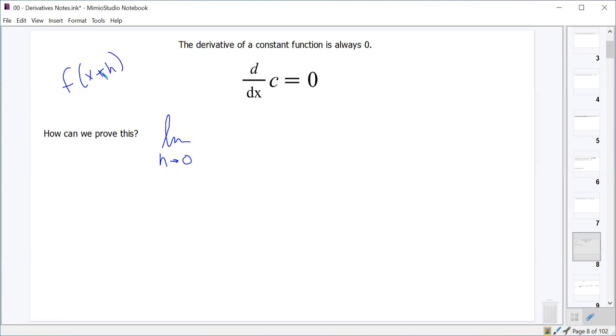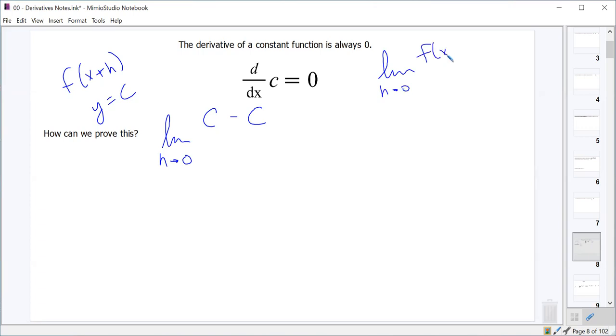Well, if our function is just a constant, y equals c, it doesn't really matter what our x value is, right? The constant remains the same. So f of x plus h is c, and f of x is also c, as we put this into that limit we talked about last time.